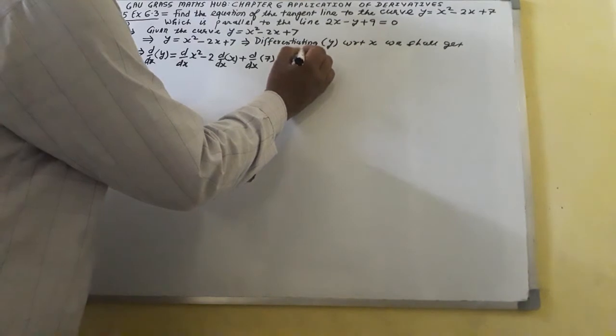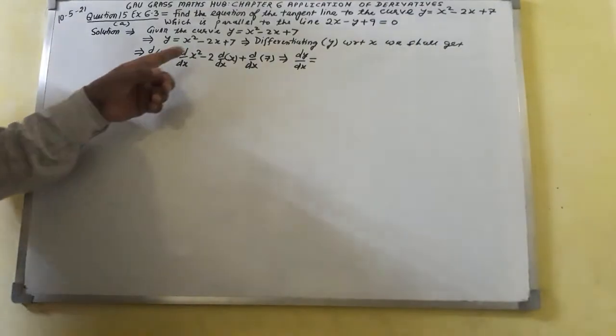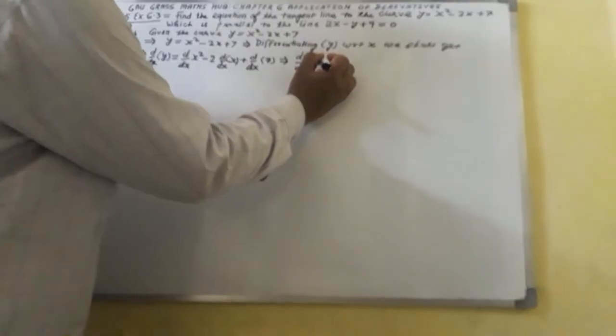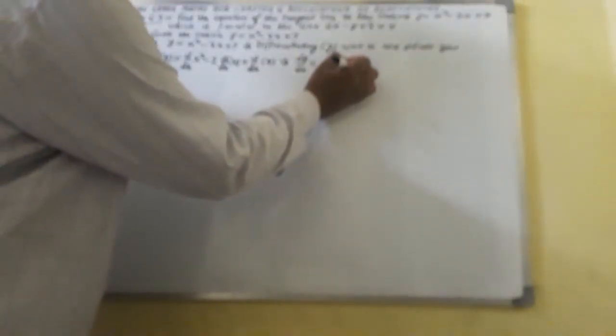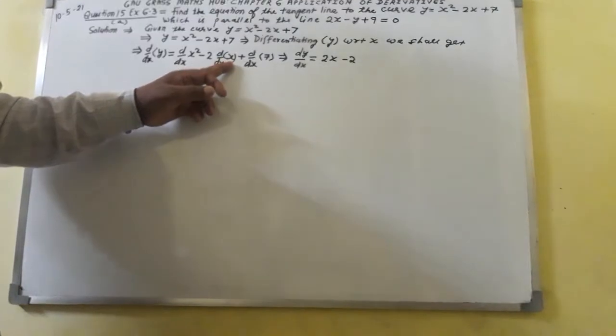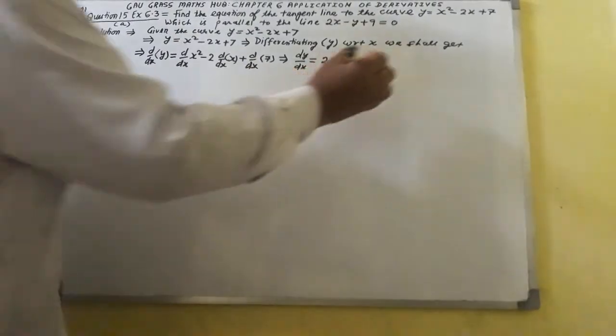So here I shall write dy over dx equal to d over dx of x square comes out to be 2x, minus 2, d over dx of x comes out to be 1, plus d over dx of 7 comes out to be 0.